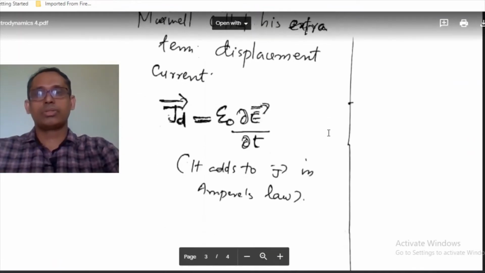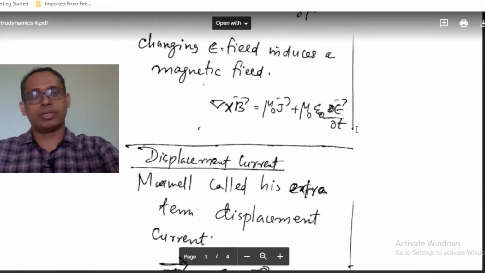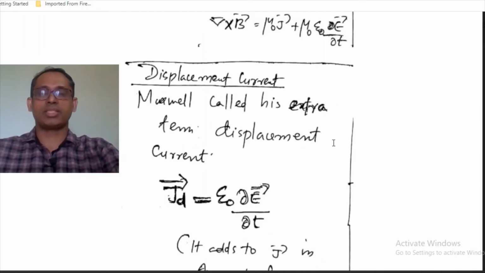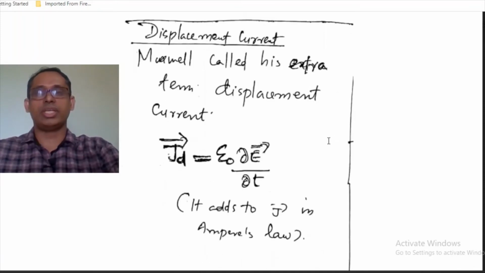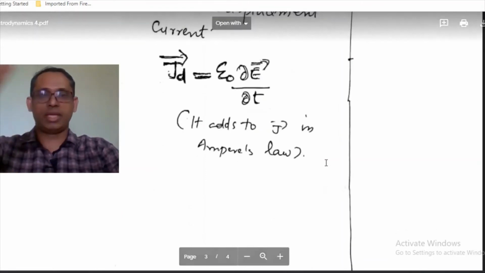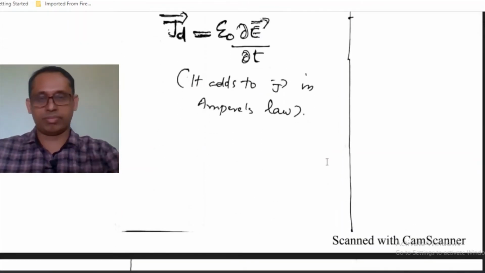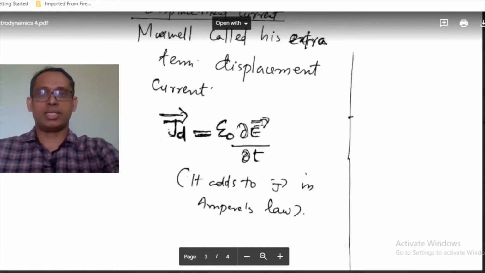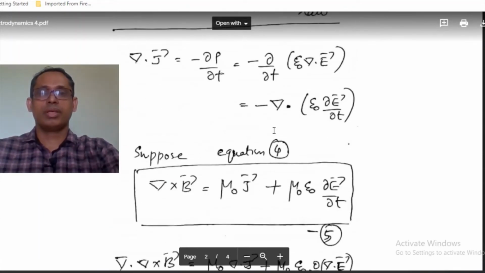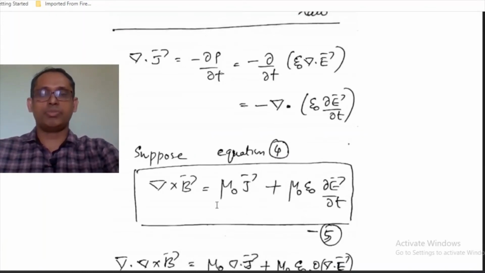So Maxwell added this term, and he called this extra term the displacement current, JD, that is equal to ε0 ∂E/∂t, because it is adding to the current density. So in this equation, if you take μ0 as common factor, we have J plus ε0 ∂E/∂t.